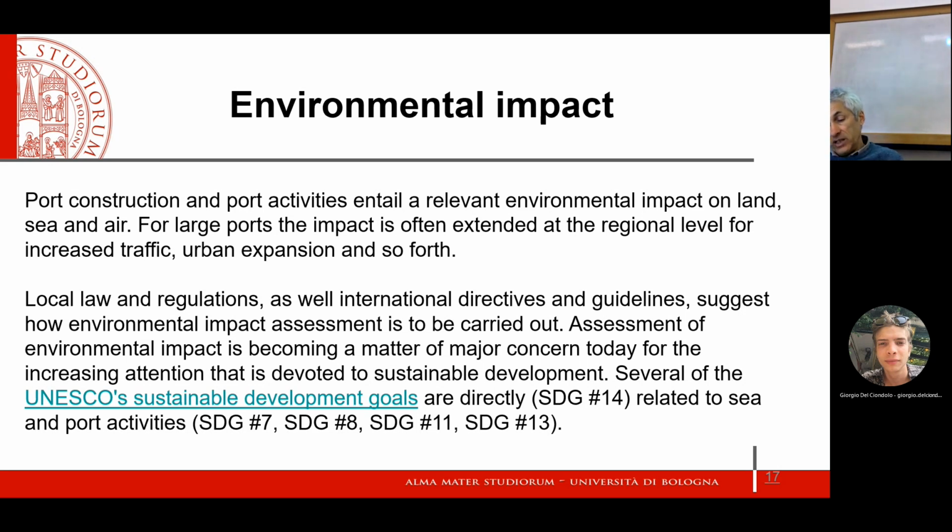And also there is the logistics, the management of the port, that is bringing a lot of vehicles, a lot of trucks, which means the collection of several pollutants over the berth structure, which is then washed into the sea.